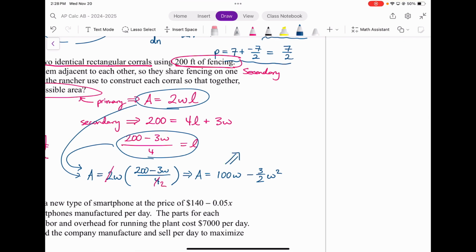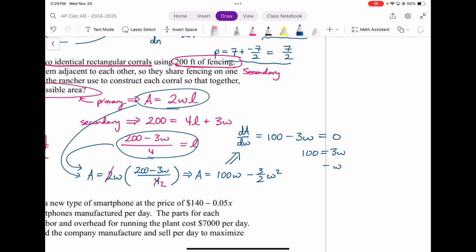Now we do our extrema stuff. So over here, we're going to take the derivative of area with respect to the width, W. So this is going to equal 100 minus 3W. And to find the extreme value, the maximum possible area, we're going to set this equal to 0, solve for W. And it looks like you get 3W equals 100.